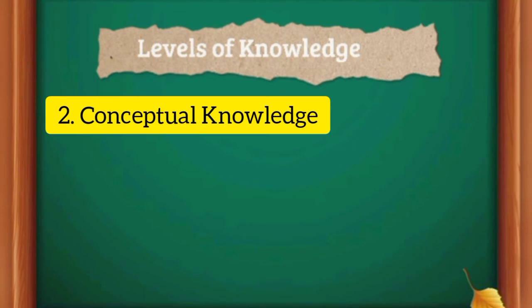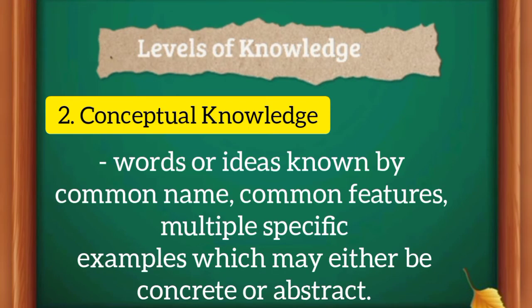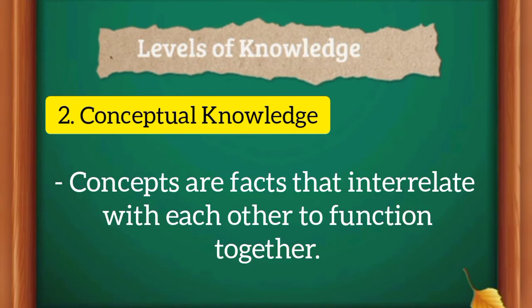The second one is conceptual knowledge. Words or ideas known by common name, common features, multiple specific examples, which may either be concrete or abstract. Concepts are facts that interrelate with each other to function together.